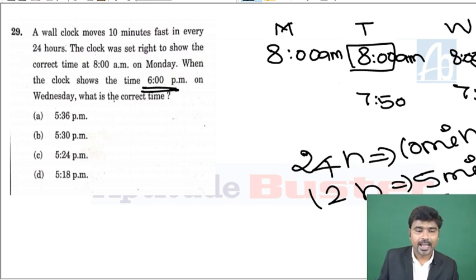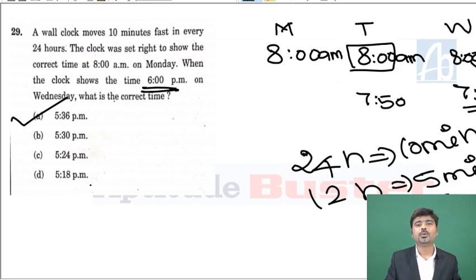That means the actual clock will show 6 p.m., here already 20 minutes fast, then it should be 5:40. 4 minutes less than 5:40. The answer should be 5:36 p.m. Okay, none of the options is very close to 4 minutes.